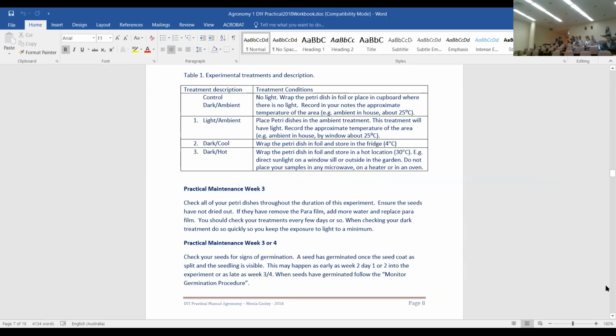So what you then have to think about is what treatment you would like to expose your seeds to. I think I'm going to give you 2 pieces of paper, but enough for both.